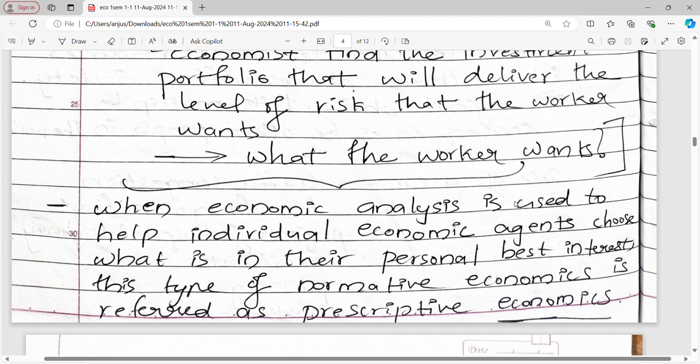Then we studied normative economic analysis, a type of economic analysis that recommends what an individual or society should do, a suggestive or advisory. Then a part of normative economic analysis is called prescriptive economic analysis, which helps individual economic agents to choose what is in their personal best interest. Okay.